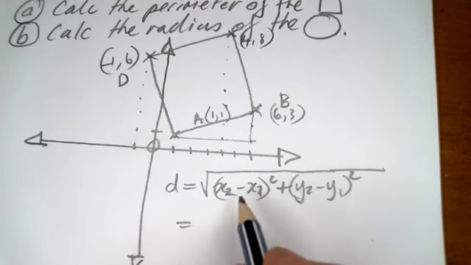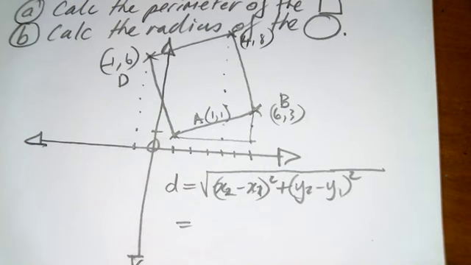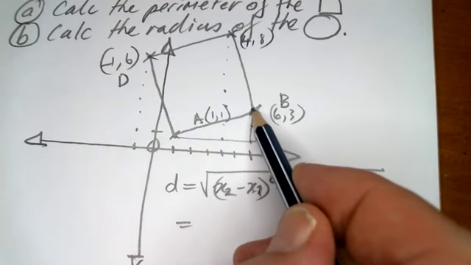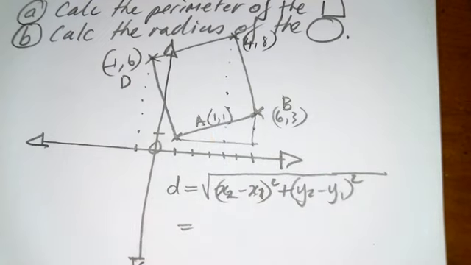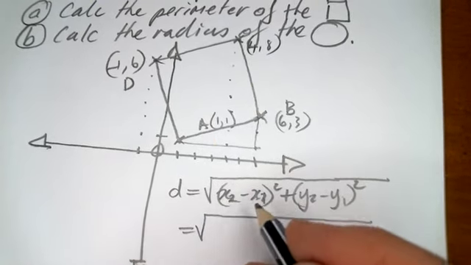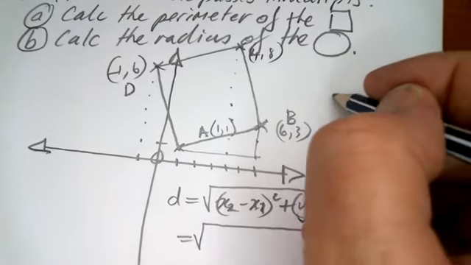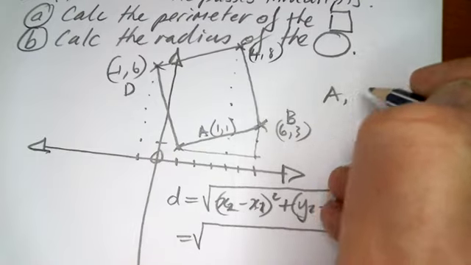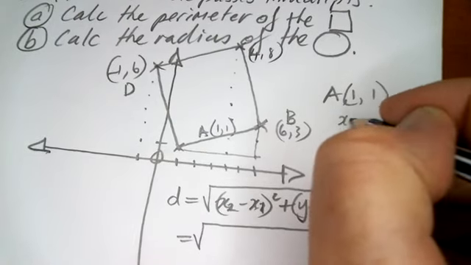It doesn't matter, by the way, if I got these two the wrong way around and these two the wrong way around, it would still work because the distance from here to here is precisely the same as the distance from here to here. So A is 1 comma 1, and I'm going to call this x1 and this y1.